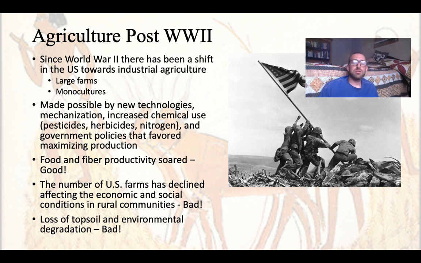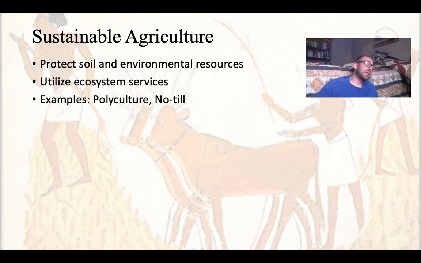And what this leads into, and what we're going to talk about in the next lecture, is where we're moving on from there. There was this shift post-World War II to more industrialized agriculture, and now we're starting to see a shift to what I'm going to refer to as sustainable agriculture, or more sustainable practices that take into account the effects agriculture can have on the environment and change things around to help protect the soil and these environmental resources.